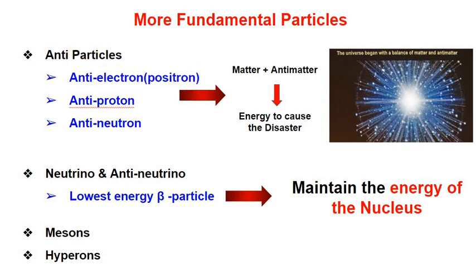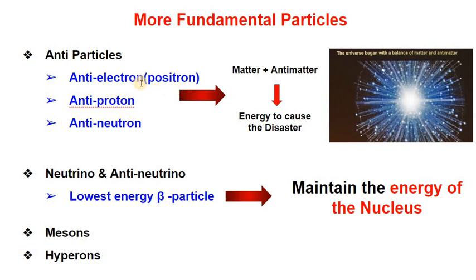We know about the electron, but this is the anti-electron, which means it has a charge opposite to that of the electron. Similarly, the antiproton was discovered by Segre and his associates in 1955. Similarly, the antineutron was discovered by Quark and his associates in 1956.